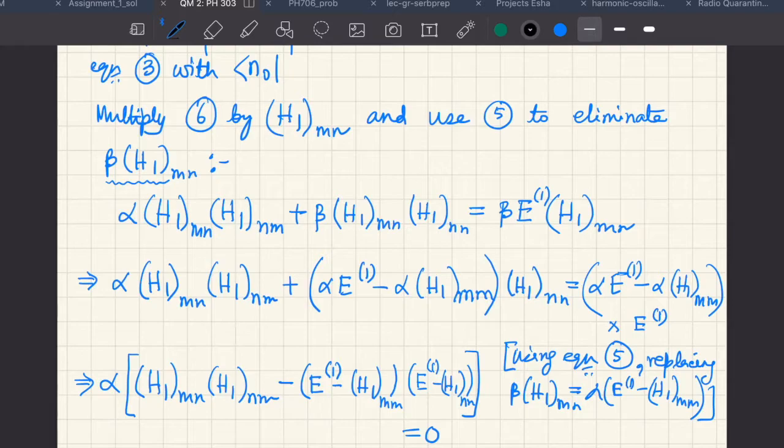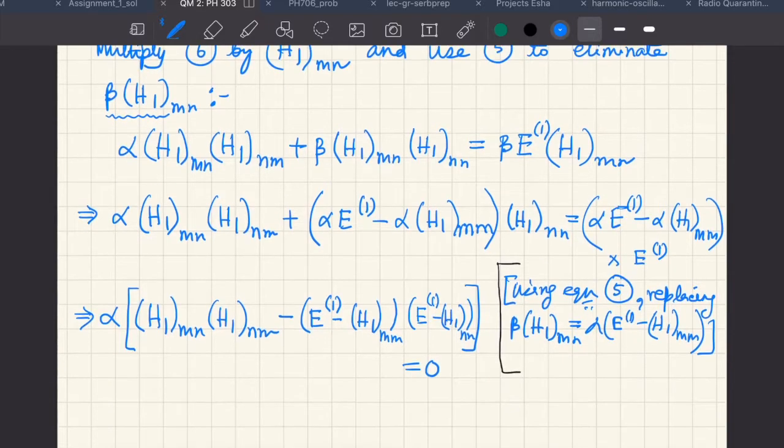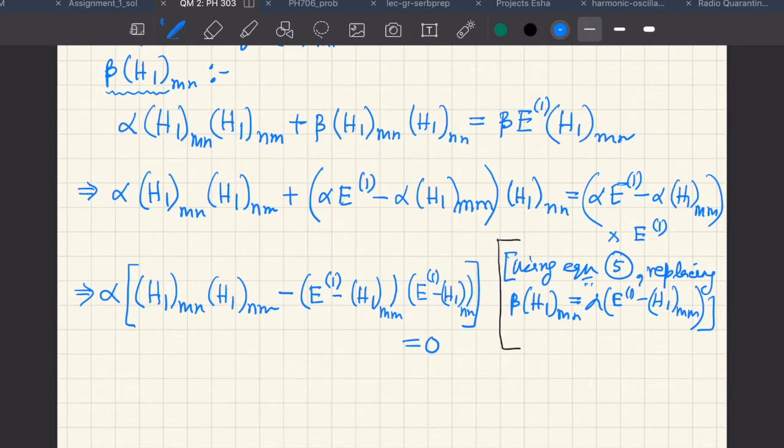So that's what the equation gives us. Now if alpha is non-zero, then this equation, let me number it equation number 7.